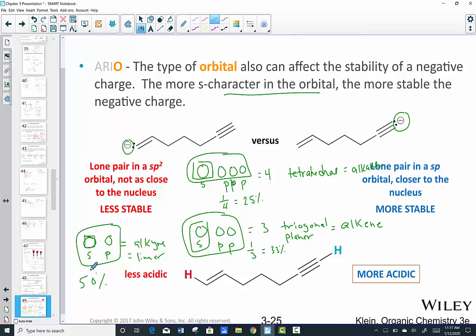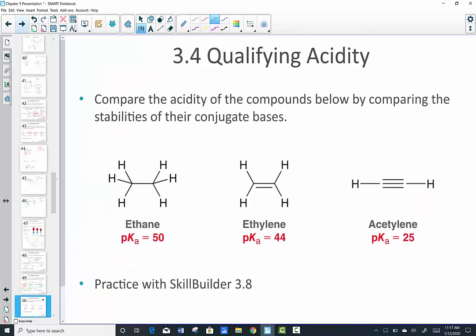Remember, we said this is 25% s, this would be 33.333% s character, and this is 50% s character. Of the 2 orbitals, half of them are s. Of the 3 orbitals, a third of them are s. Of the 4 orbitals in sp3, a quarter of them are s. Increasing the s contribution to the orbitals increases the acidity.